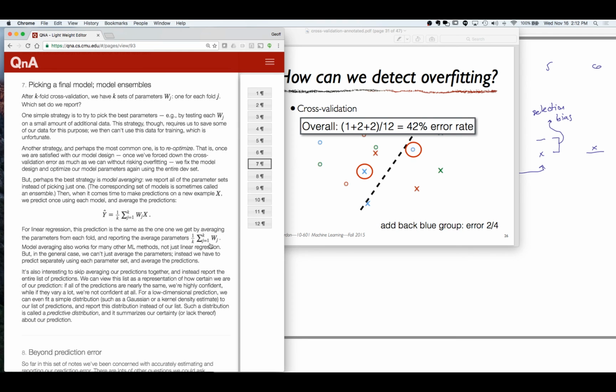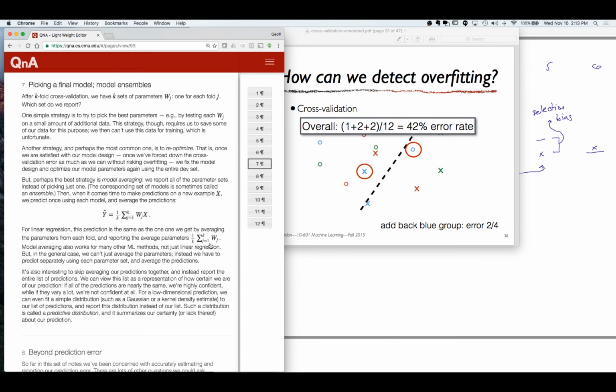Model averaging means you make a prediction separately with each one of your models and you average the predictions. And in the case of linear regression, you can save yourself some computation time by just reporting the average parameters. And the reason that's important is that we can use model averaging on other machine learning methods besides just regression. And in that case, the difference actually makes a difference.